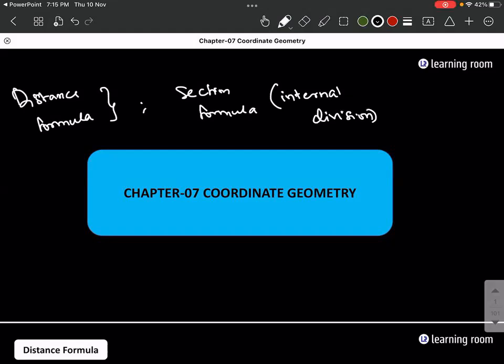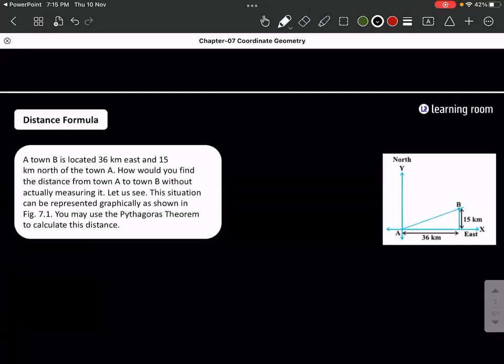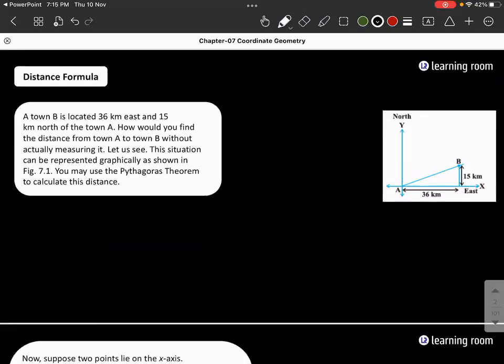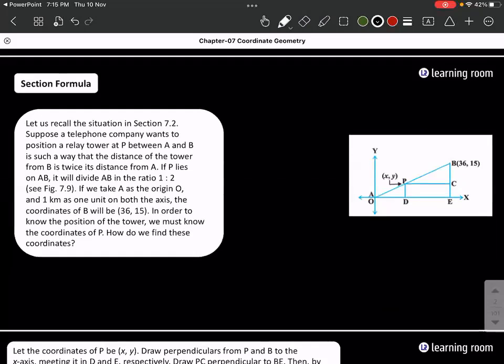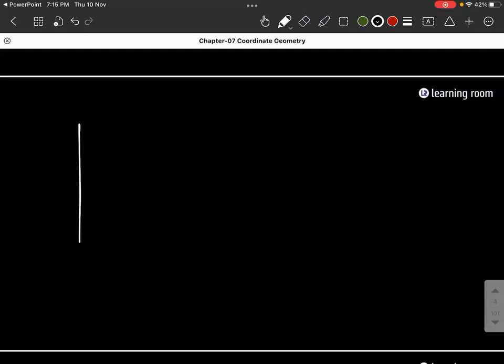When you talk about section, you can say that a point is dividing the 2 other points either internally in the ratio or externally in some ratio, right? So when we talk about distance formula, what exactly do we calculate?